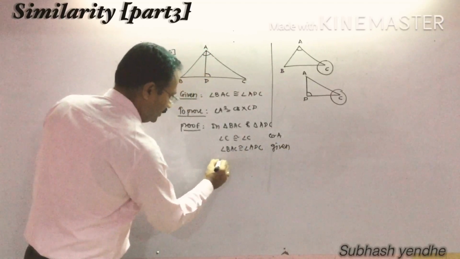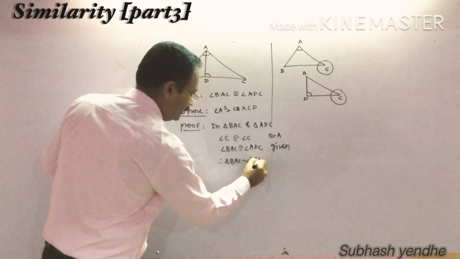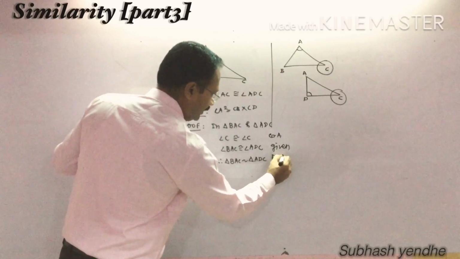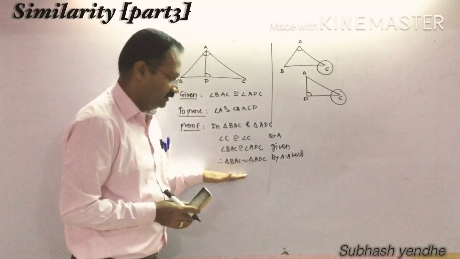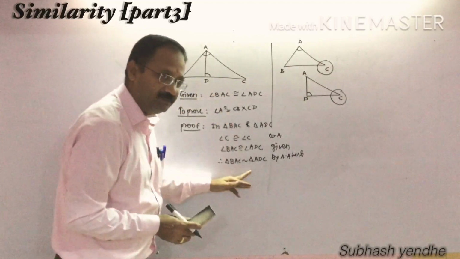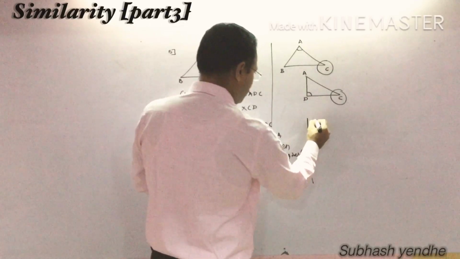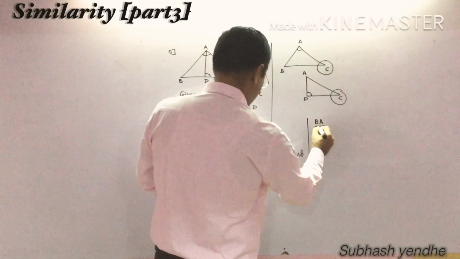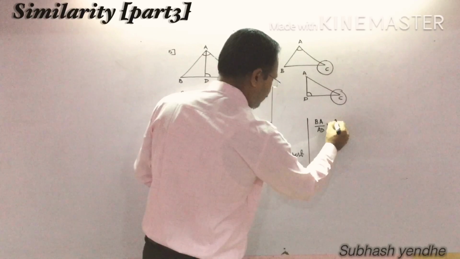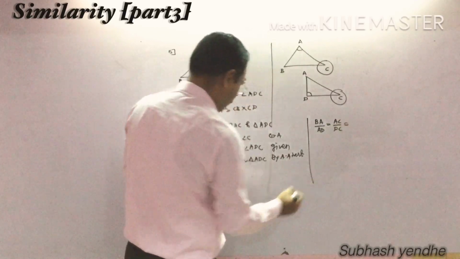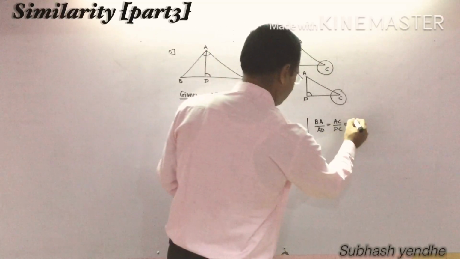And therefore, triangle BAC is similar to triangle ADC by AA test of similarity. Always remember, if the triangles are similar, then sides are in proportion. So which sides are in proportion? BA upon AD equals AC upon DC equals BC upon AC.